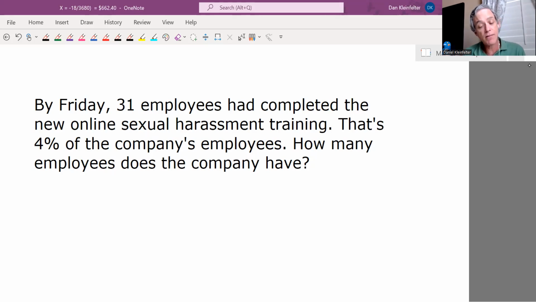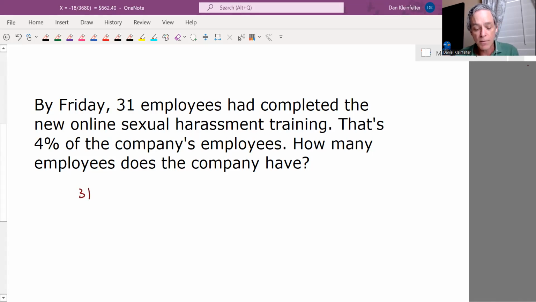So in this case, the 31 is the part. So we know the part this time and the percentage, and we want to know the whole amount. The 31 employees, of course, are some of the ones who work for the company. They're the ones who've taken this training. We're not going to do 0.04 times 31 because the 31 is already the part.